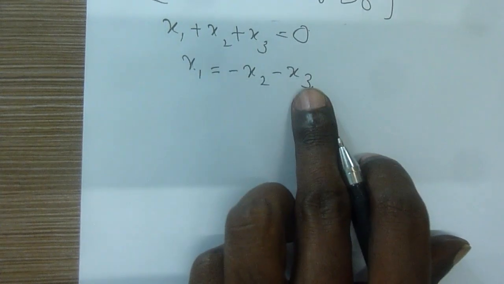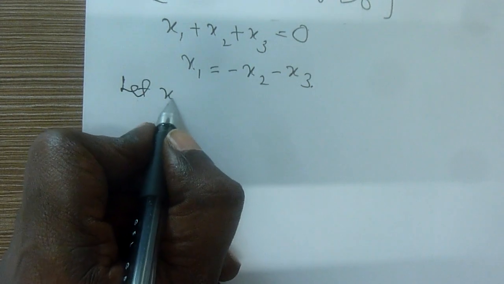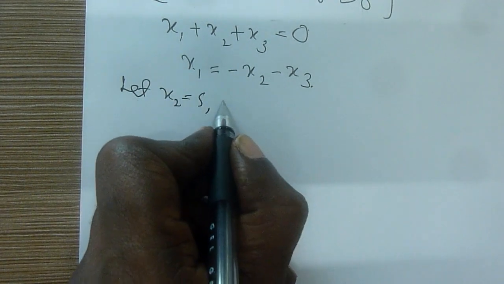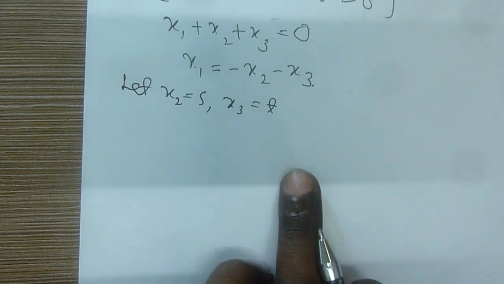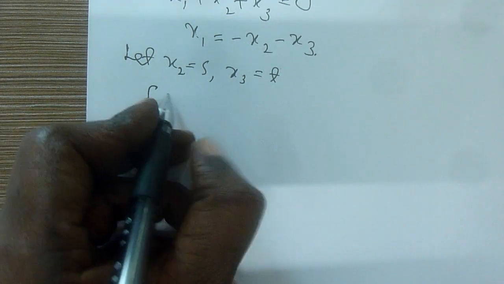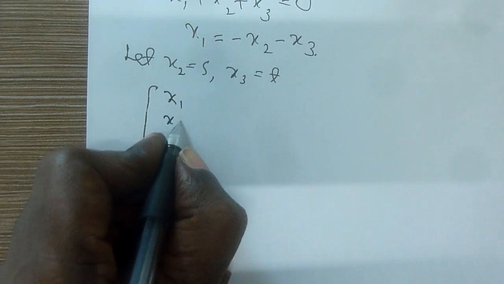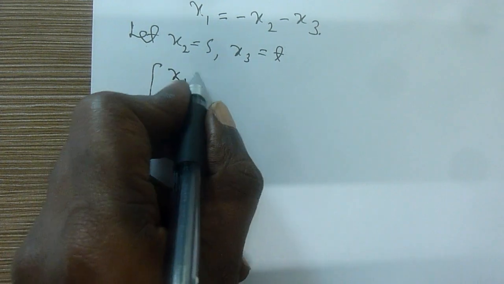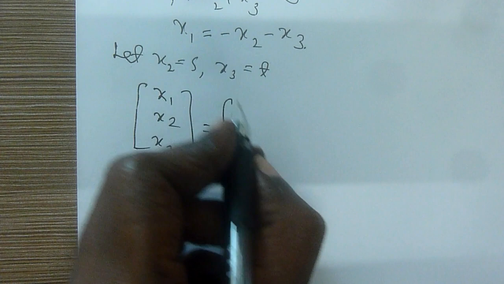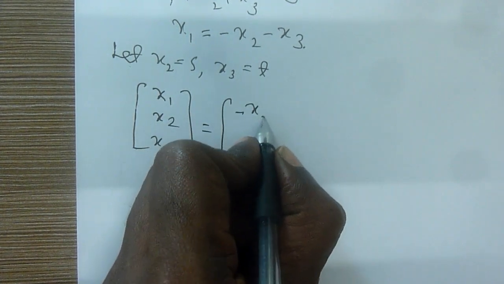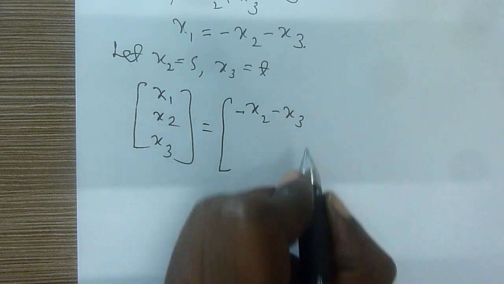Okay, look at this. Now let x2 be s and x3 be t. Now I just place back again x1 x2 x3. What is the relationship? x1 can be represented with negative x2 minus x3.